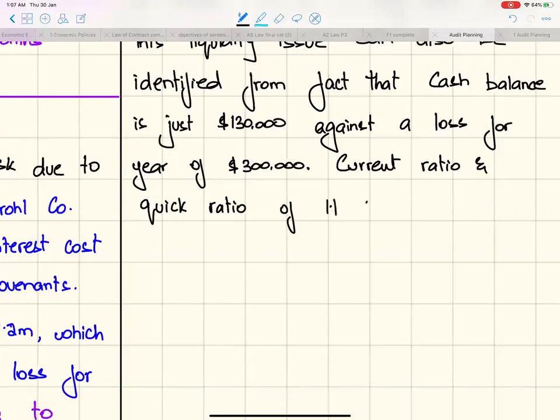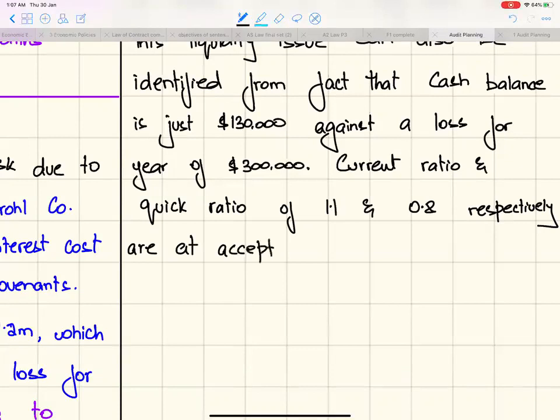of 1.1 and 0.8 respectively are at an acceptable level.